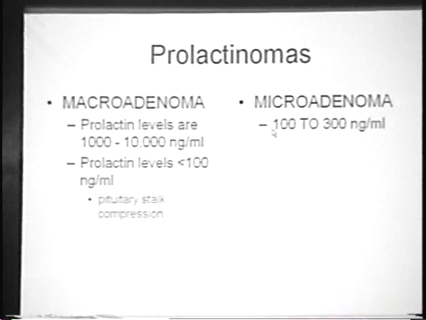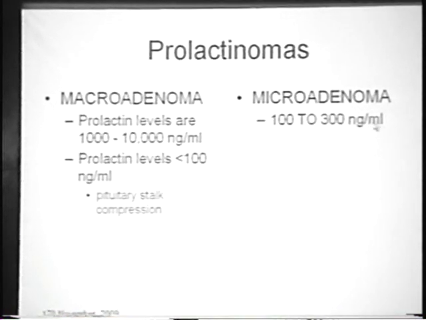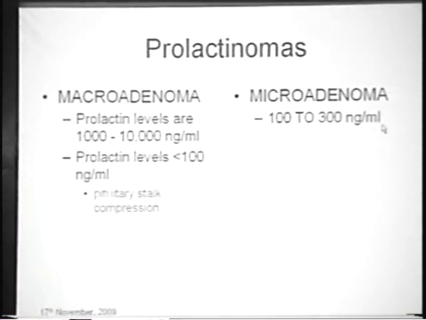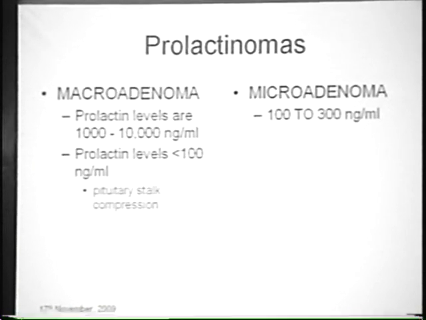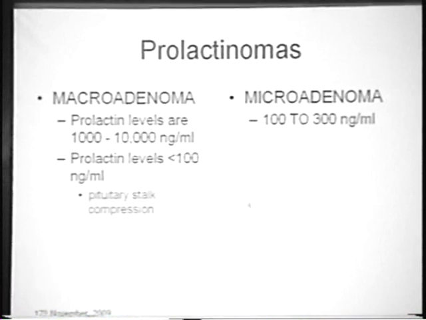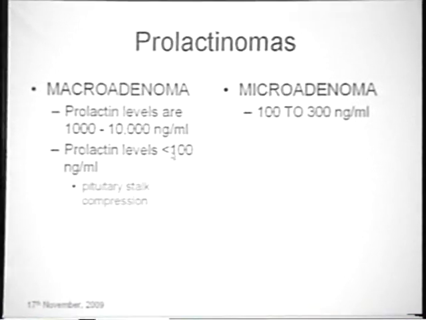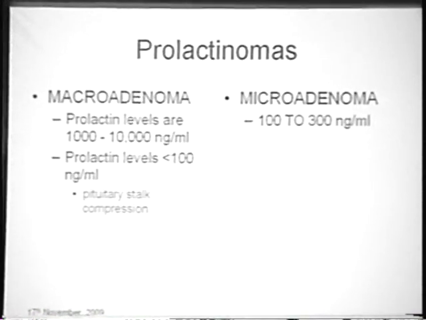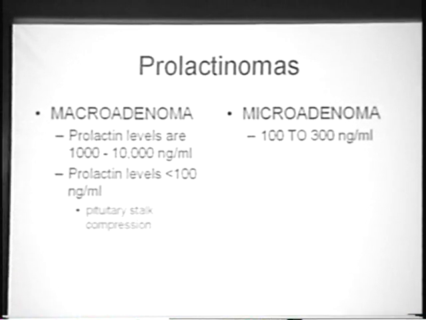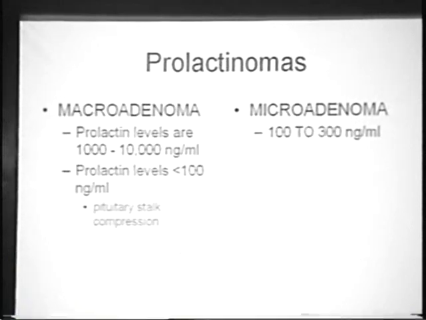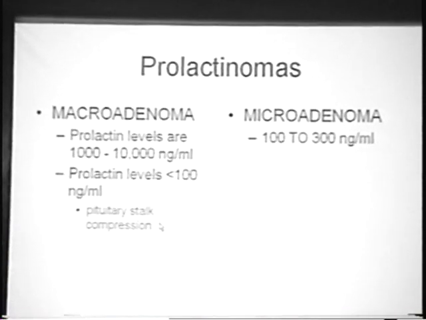In microadenomas, they're relatively low, 100 to 300 nanograms per ml. The normal in females is up to 23, in males up to 25. When the prolactin level is less than 100 nanograms per ml, it doesn't mean that the pituitary tumor is truly secreting prolactin. It may actually be compressing the pituitary stalk.